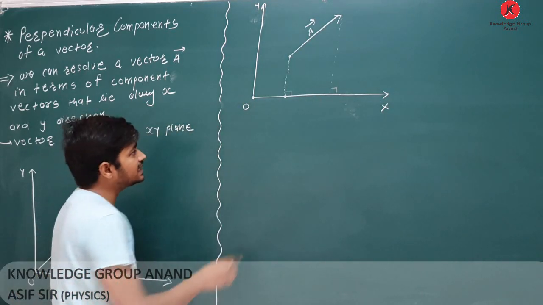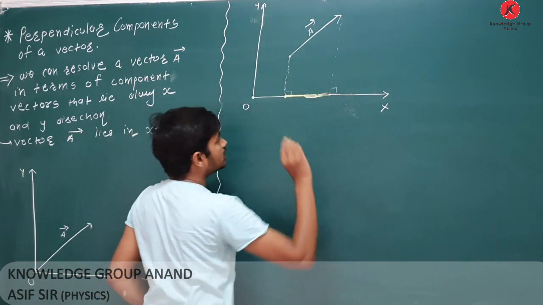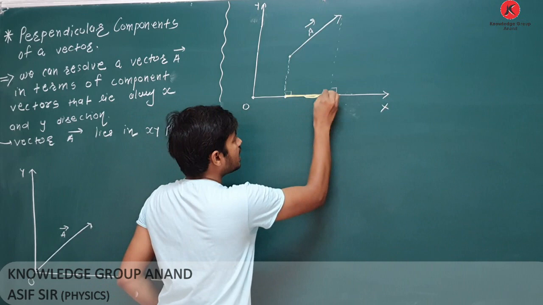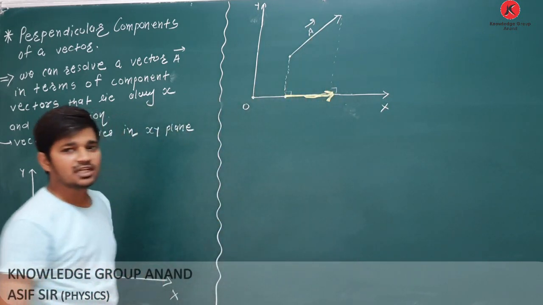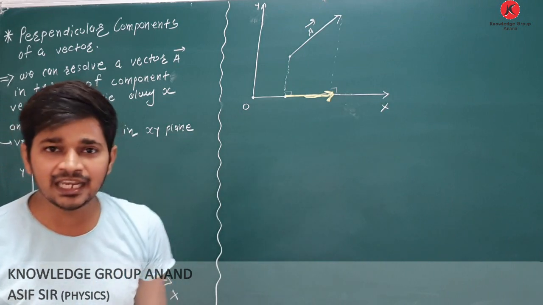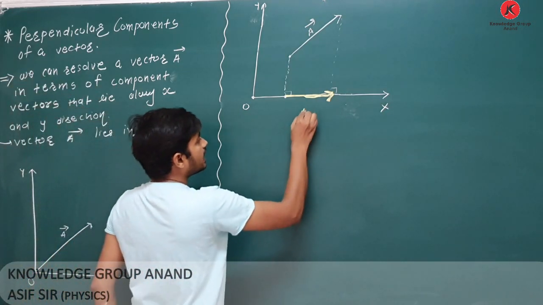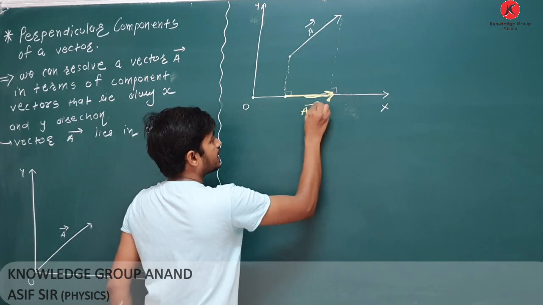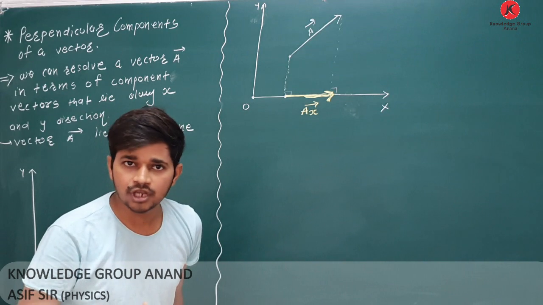Then see this. It is called component of vector A in x direction. Clear about this? And I can write this as ax.